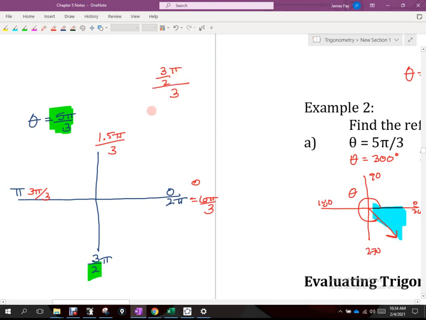But I don't want to do it that way, because 1.5 pi over 3 is going to be sufficient for us. Well, if that's 1.5 from 0 to there, then it's 1.5 from there to there, which would be 1.5 from here to there. Does that make sense? So doesn't this make this 4.5 pi over 3?